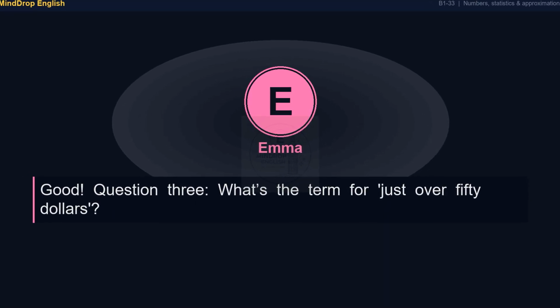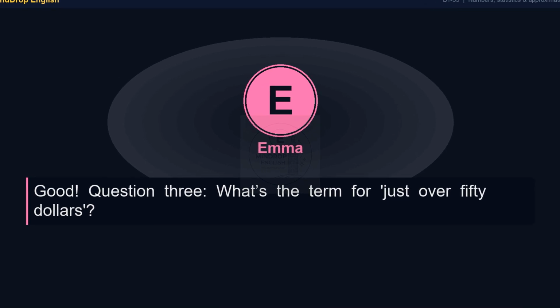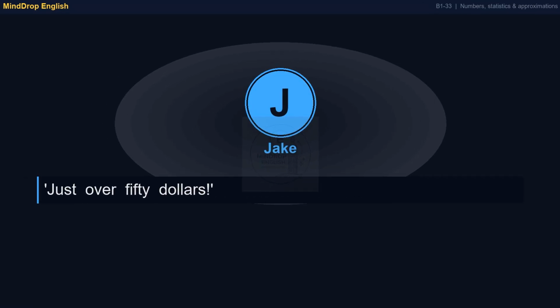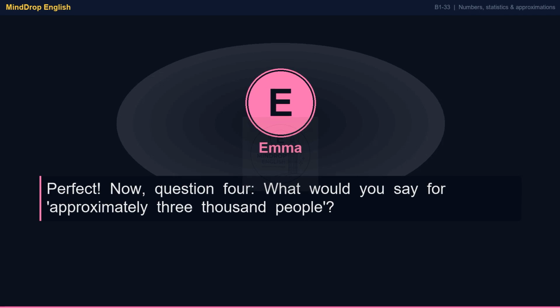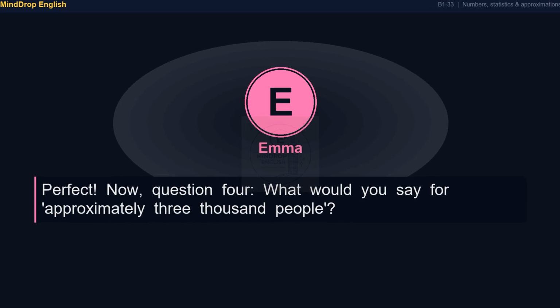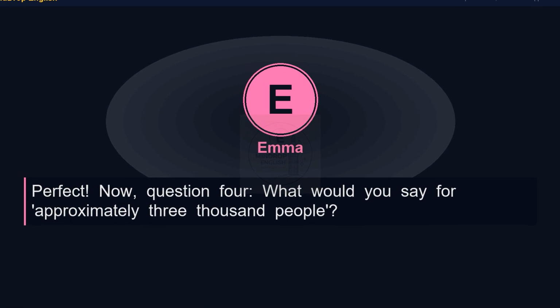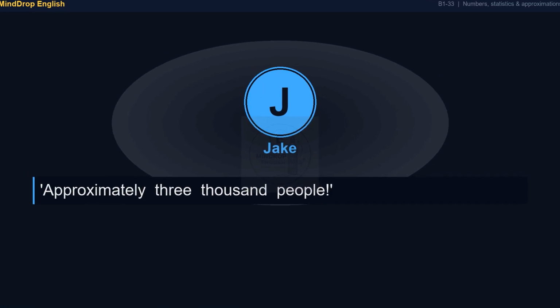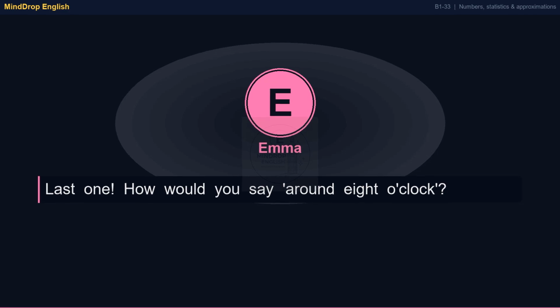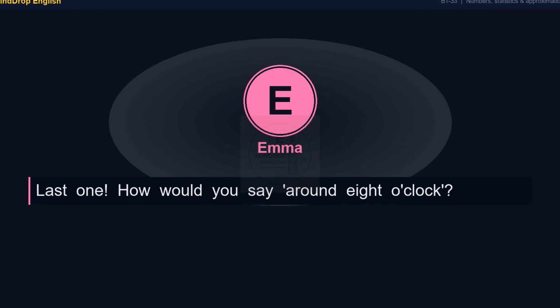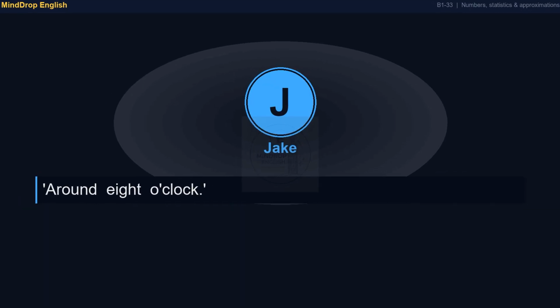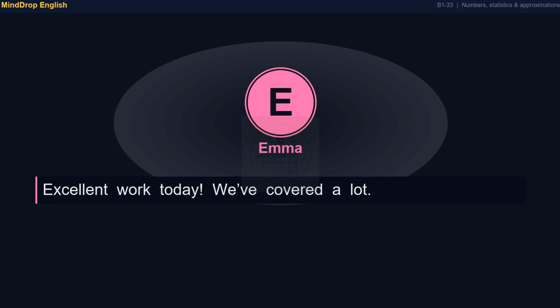Question 3. What's the term for just over $50? Just over $50. Perfect. Now, question 4. What would you say for approximately 3,000 people? Approximately 3,000 people. Last one. How would you say around 8 o'clock? Around 8 o'clock.